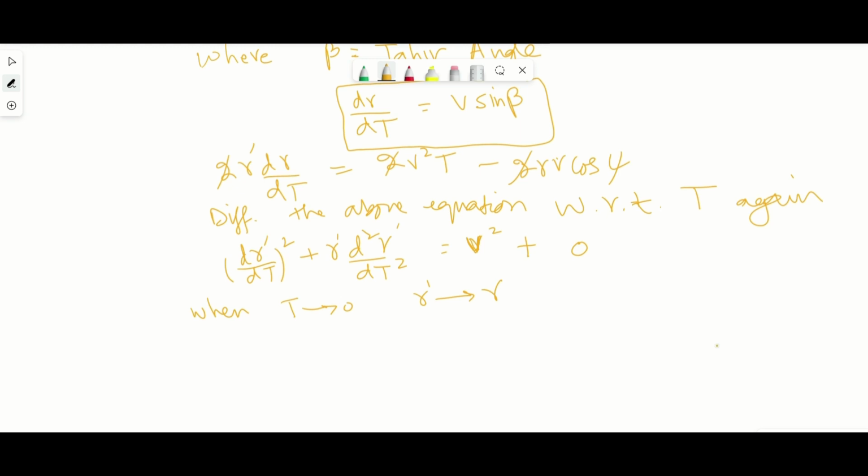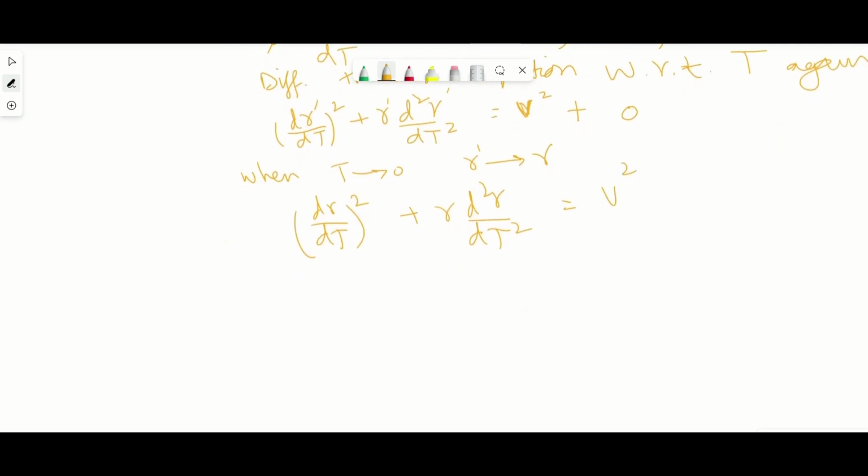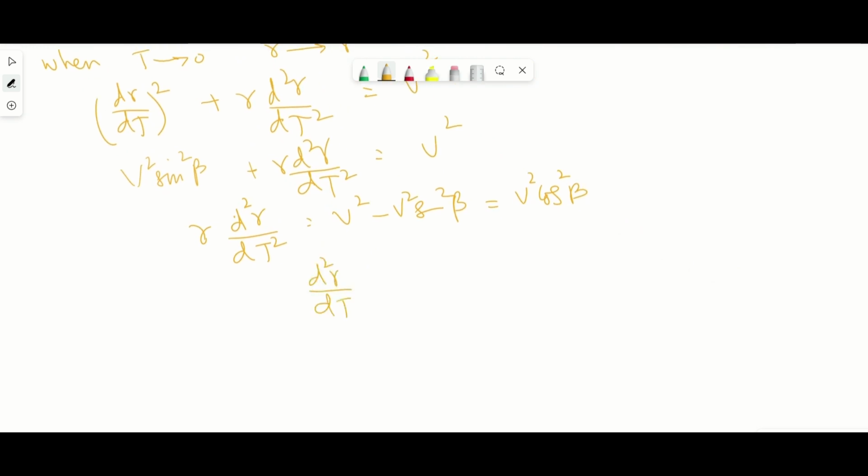Okay, so putting the value, we get dr over dt squared plus r after taking the limits, d square r over dt square is equal to v square. So we'll put the value of dr over dt. So it will become v square sine square beta plus r d square r over dt square is equal to v square. So d square r over dt square is equal to v square minus v square sine square beta, which is equal to v square cos square beta over r. So d square r over dt square is equal to v square cos square beta over r.